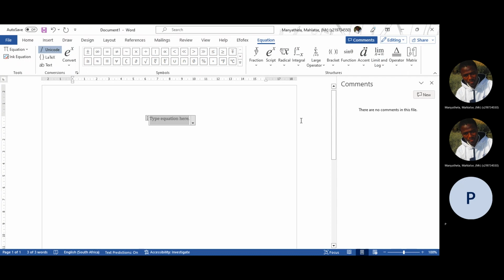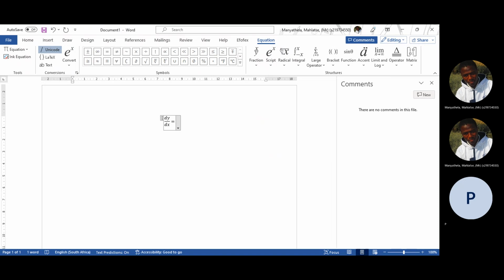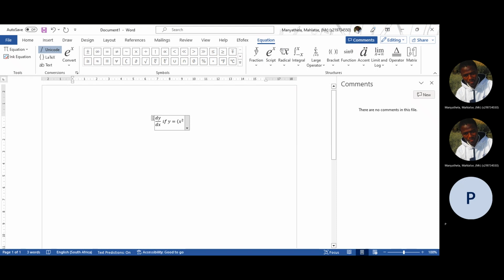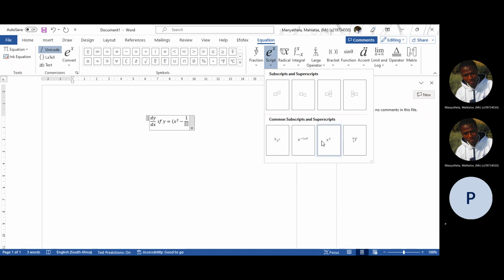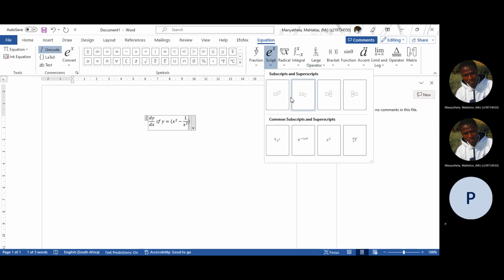So it says determine dy over dx. If y is equal to x squared minus 1 over x squared, all squared.